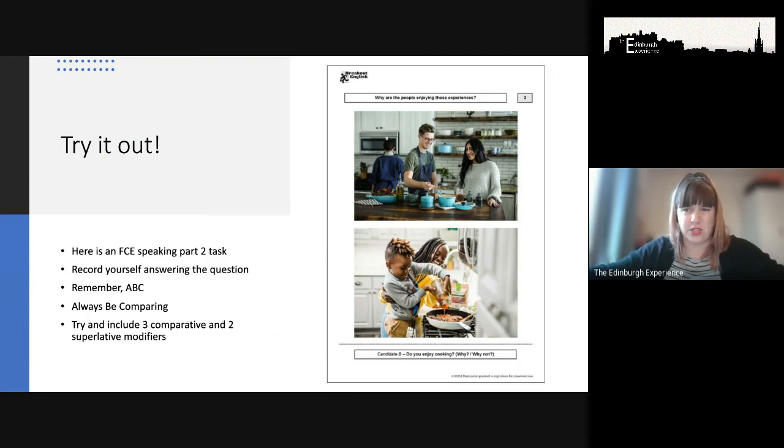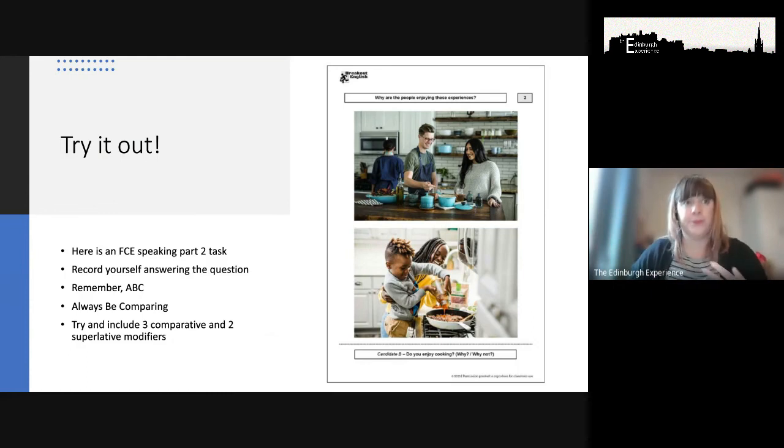And I recommend choosing ones that you know that you'll remember and that you feel are easy to apply. So if you are never going to remember nowhere near as, forget that, right? Let's look at one which is going to be easier for you to process and assimilate, okay? And yeah, try and use a variety of maybe like 3 comparative ones and 2 of the more superlative structures.